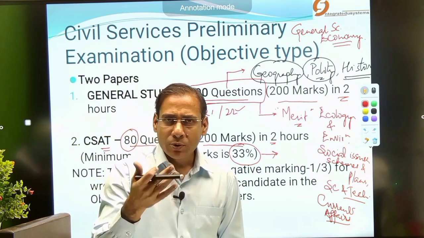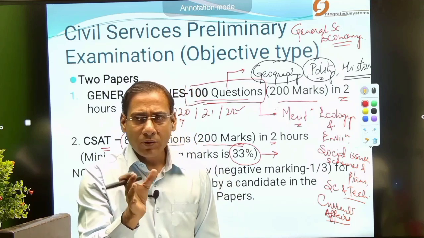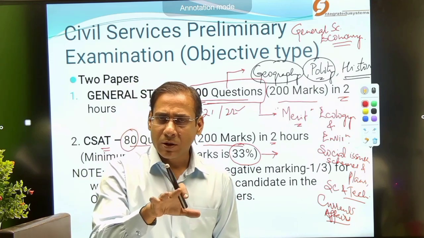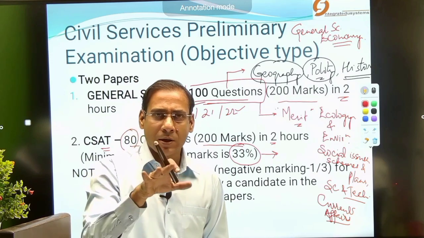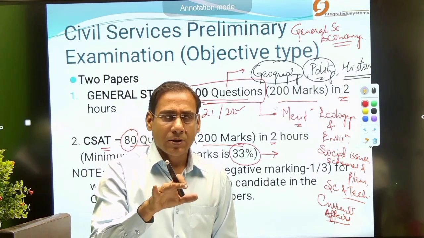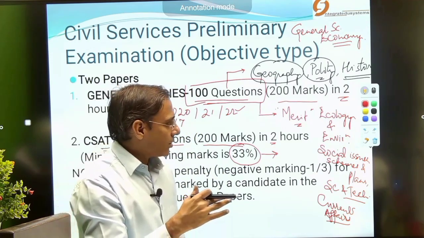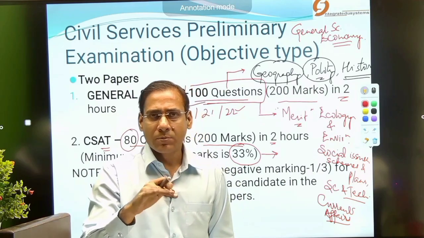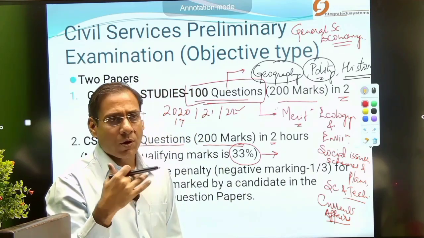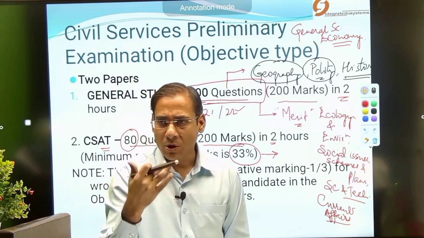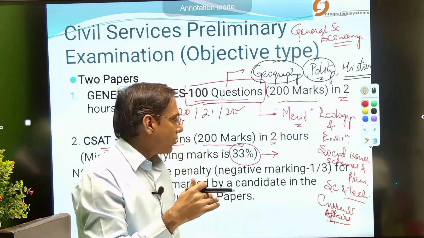What I would like to say is where you have to focus in pre: what are the major sections and what are the minor sections. For the minor sections you have to make average preparation. For the major sections you have to be very confident and practice a lot, and then you can crack it.